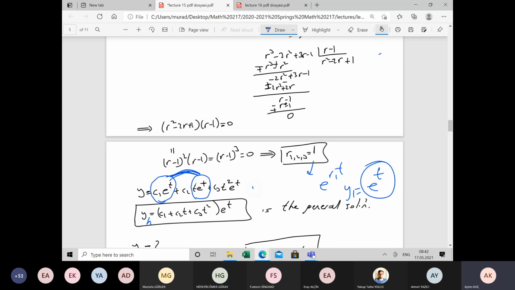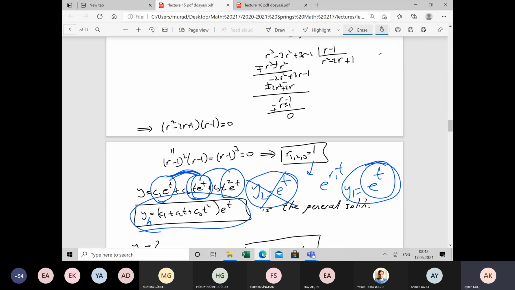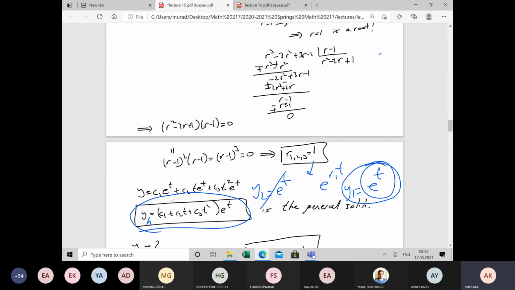If we take y sub 2 equal to e to the t, it is not true, because it is the same, so not linearly independent. So y sub 2 should be t times e to the t, and the next fundamental solution should be t squared e to the t, because it should be linearly independent. So we obtain the general solution of the homogeneous differential equation.